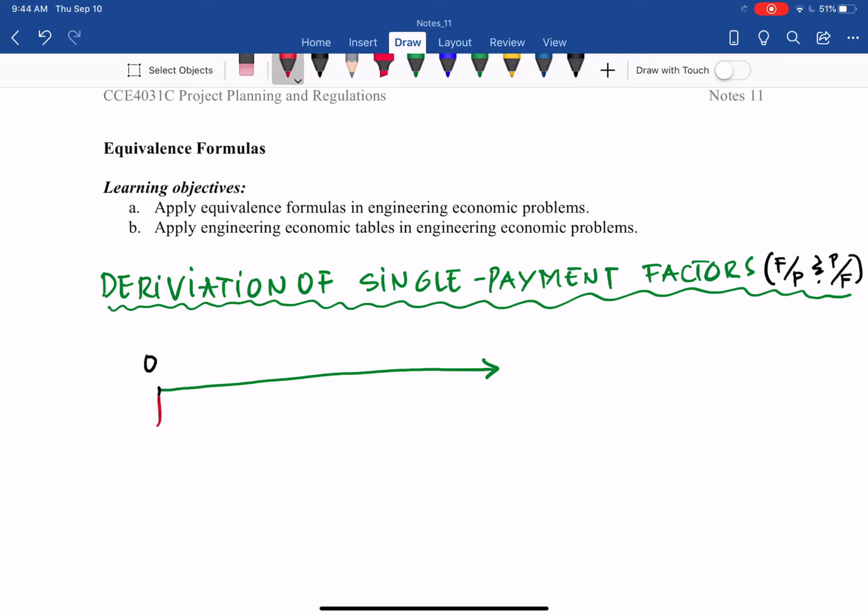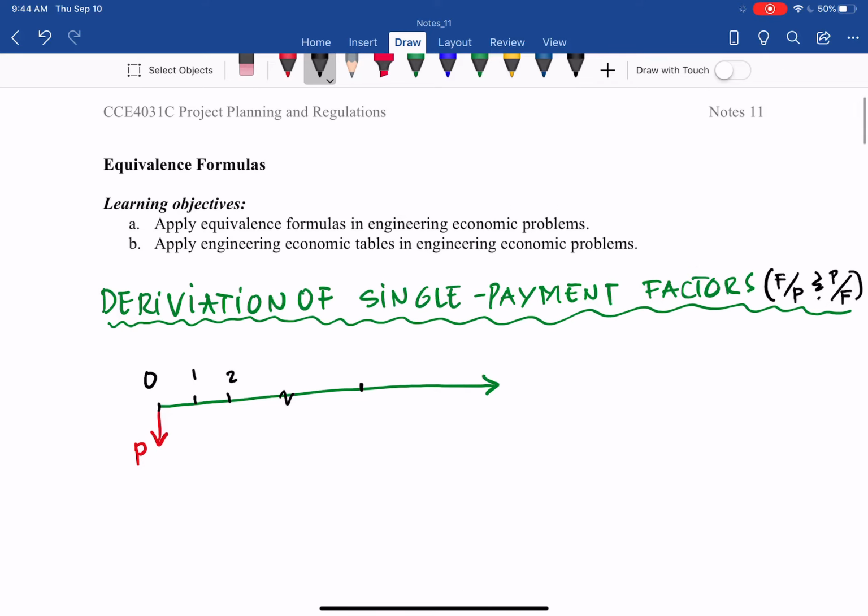We deposit an amount at time 0, the present, which is P. Then at year 1, 2, and so on, at the end of a certain year or certain month, it can be years, months, quarters, any period, we withdraw the amount in the future that we call F, the future value, with interest of i% per year or per month, depending on the question.